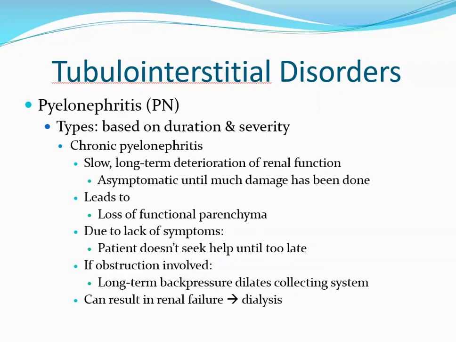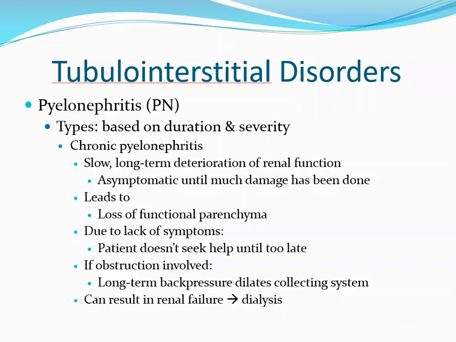Chronic pyelonephritis is a slow, long-term deterioration of renal function. This tends to be asymptomatic until substantial damage has occurred. This can then lead to loss of the functional parenchyma. It will be replaced with scar tissue. Due to the lack of symptoms, patients don't tend to seek help until end-stage renal failure hits.